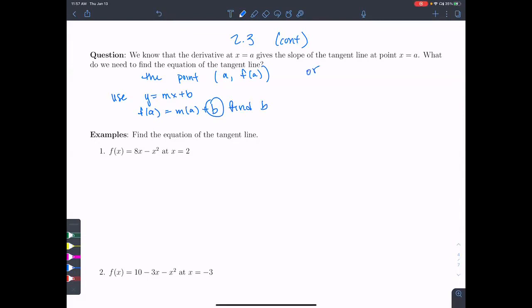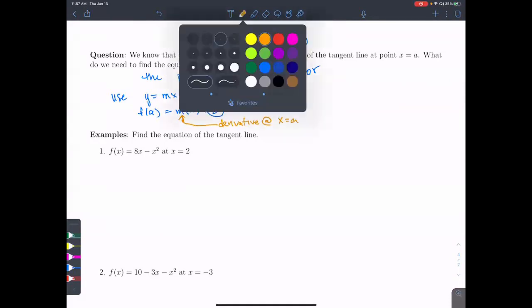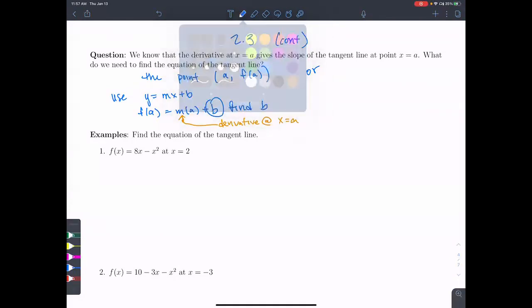I will do some examples of this, so don't panic. I should denote this: m is the derivative at x equals a. So you could do that, or you can do what's called point slope form, where you do y minus y1 equals m times x minus x1.